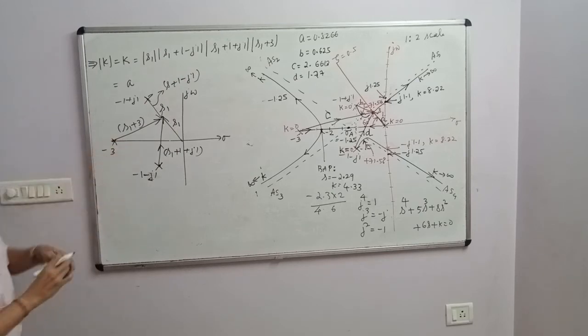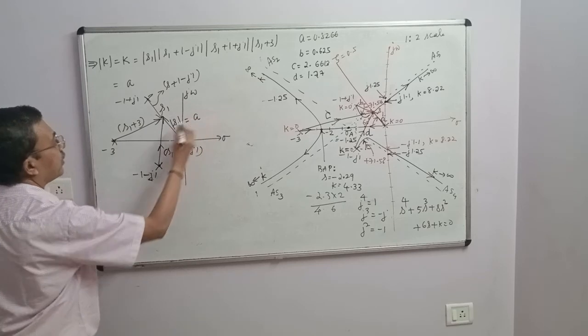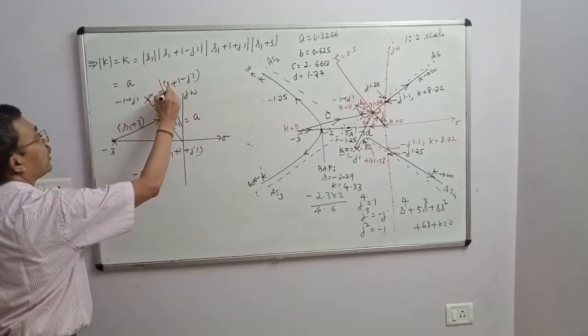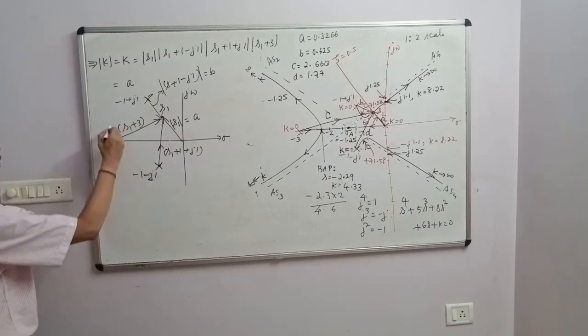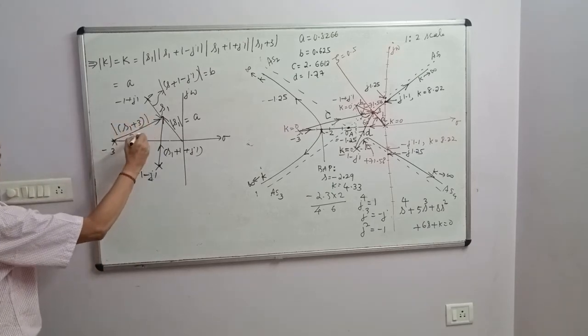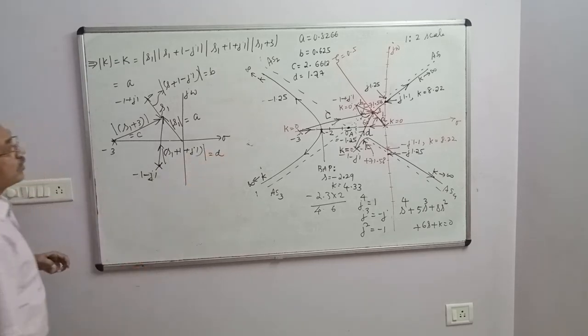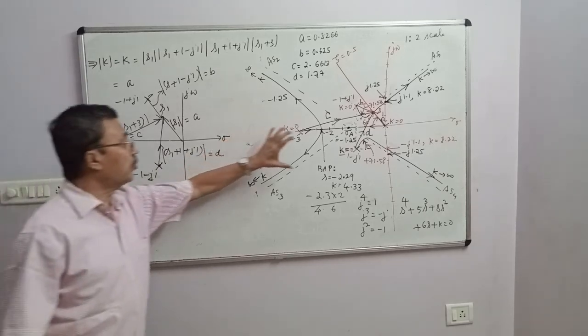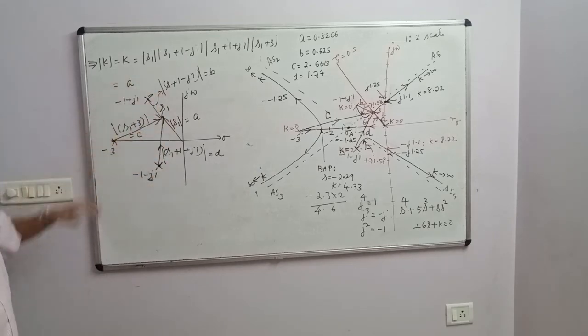Correct? Magnitude of this vector is what? A. Magnitude of this vector is what? B. Magnitude of this vector is C. Magnitude of this vector is D. So here the figure is very cumbersome, therefore I have written it separately to show the vectors and their magnitudes.